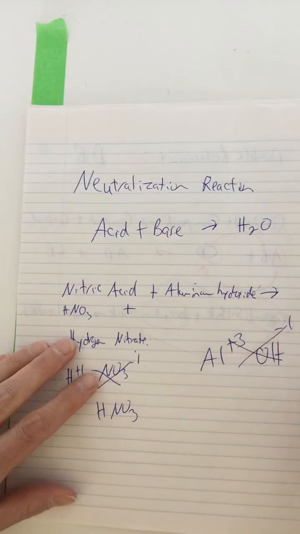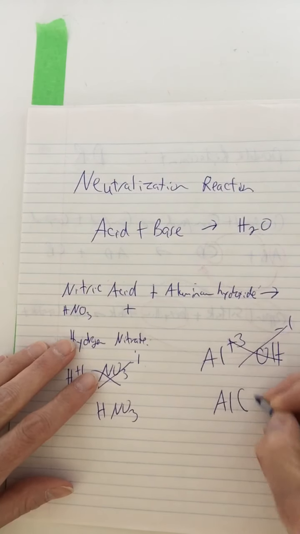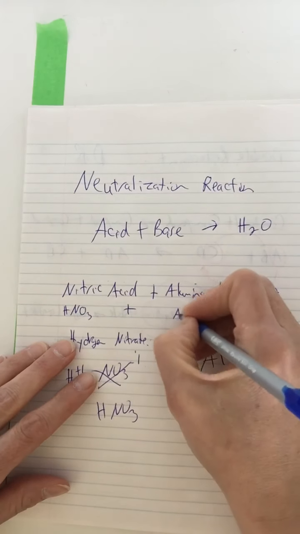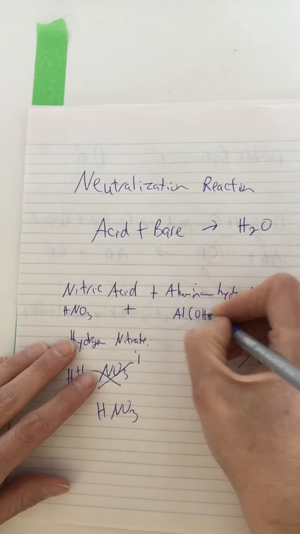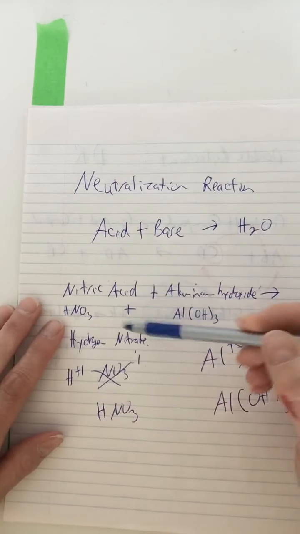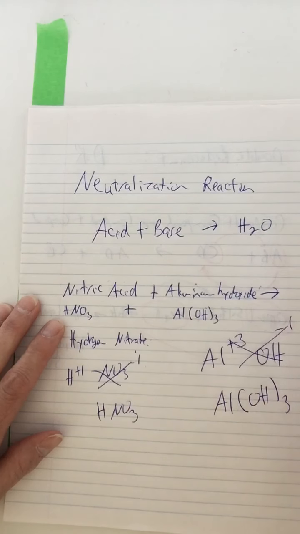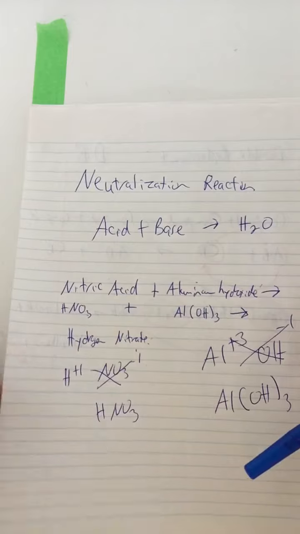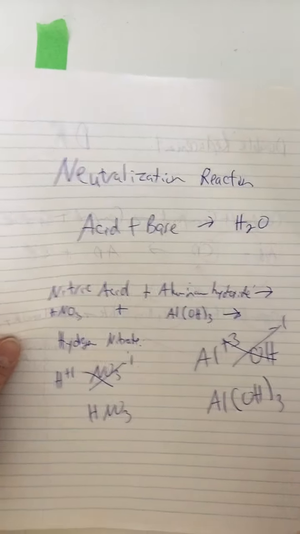So when you crisscross this, you get Al, open a bracket, OH, close the bracket 3. So that's aluminum hydroxide. Al(OH)3. So when I have this guy and this guy, what am I going to get? So just a sec. I've kind of made a mess here, so I'm going to just do it up a little bit better here.